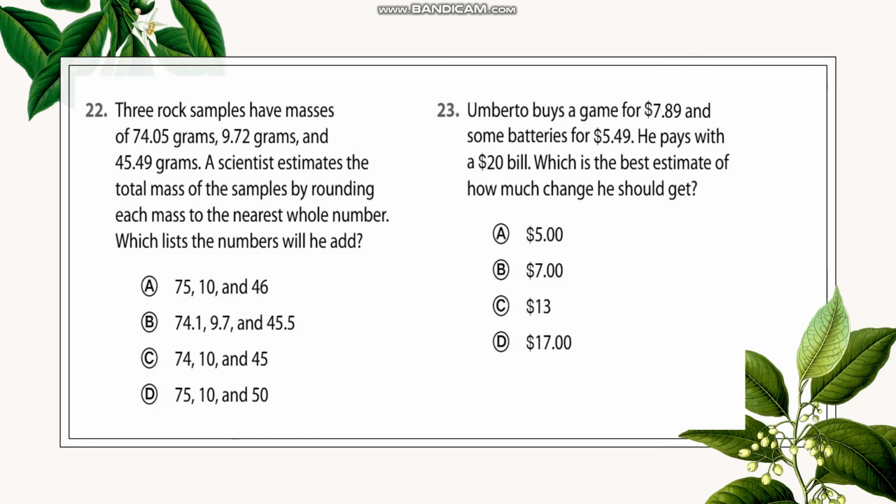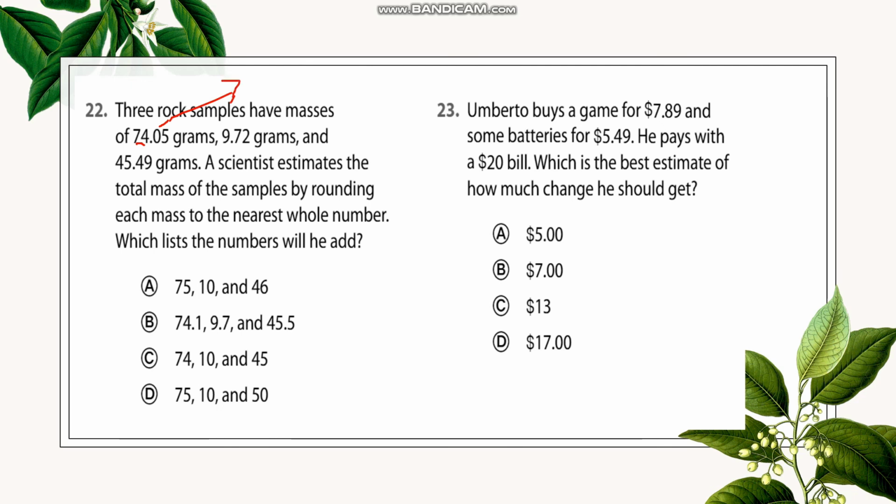Three rock samples have masses of 74.05 grams, 9.72 grams, and 45.49 grams. A scientist estimates the total mass of the samples by rounding each mass to the nearest whole number. Which list of numbers will he add? So nearest whole number, the whole number here is 74, followed by 0.